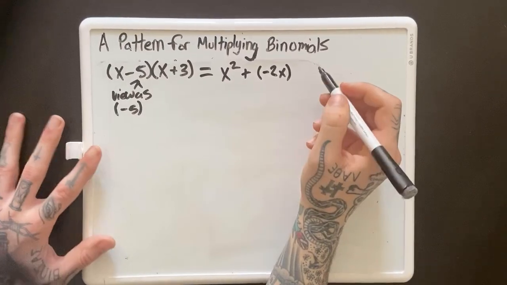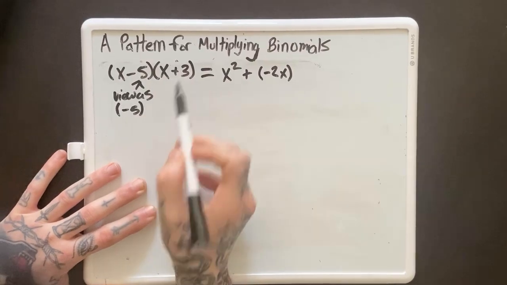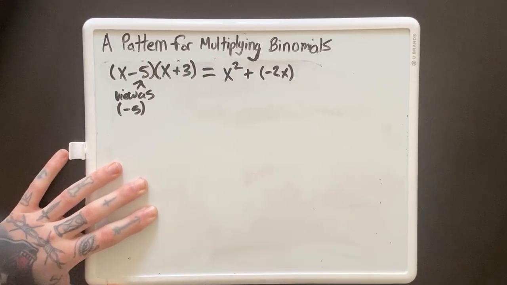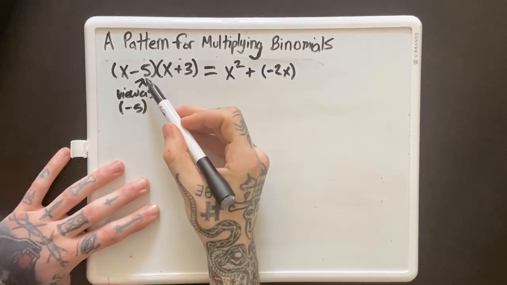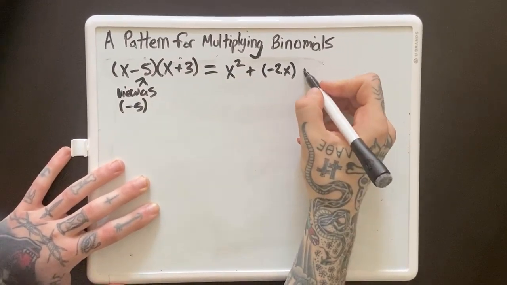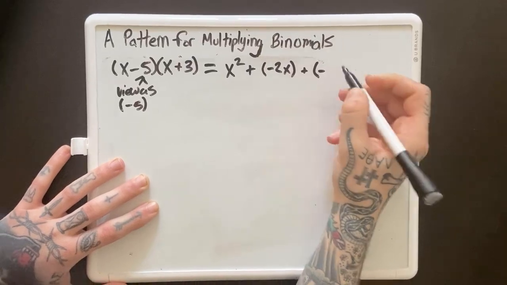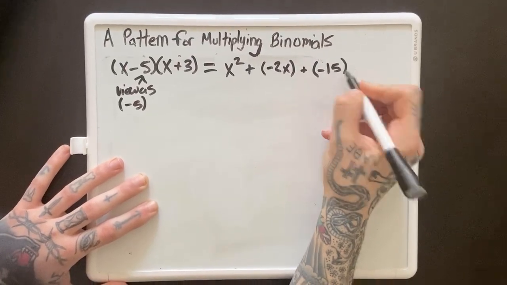All right? And now the third term is these two numbers multiplied together. We already know that from the last step of FOIL, L, the lasts. So negative 5 times 3, we're going to get negative 15.